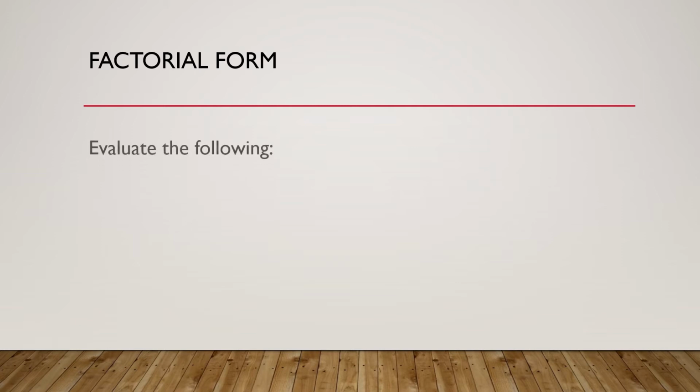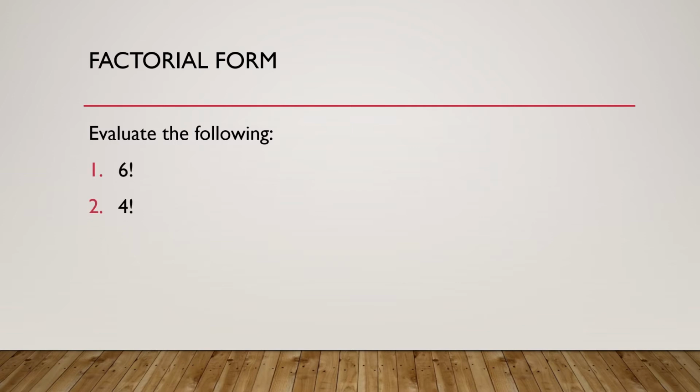Next topic is factorial form. How do we evaluate factorial form? Say for example, 6 factorial. 6 factorial can be written as 6, 5, 4, 3, 2, 1.